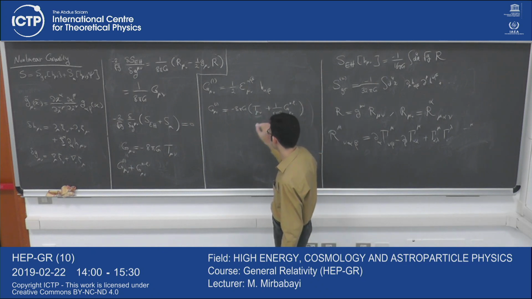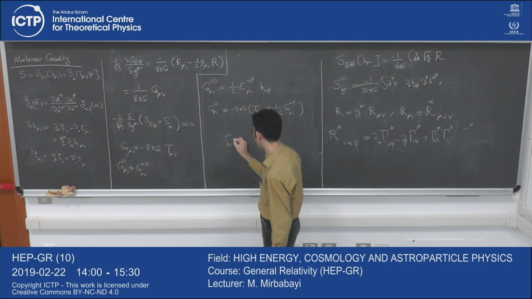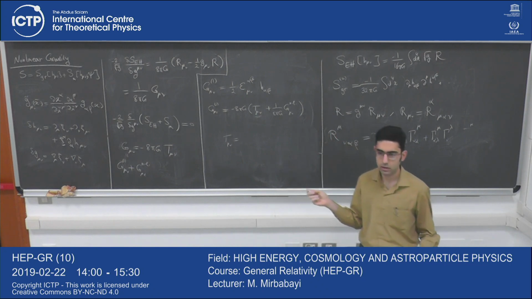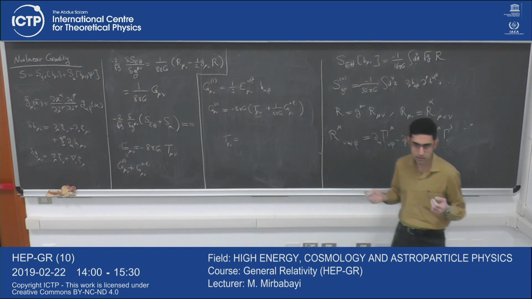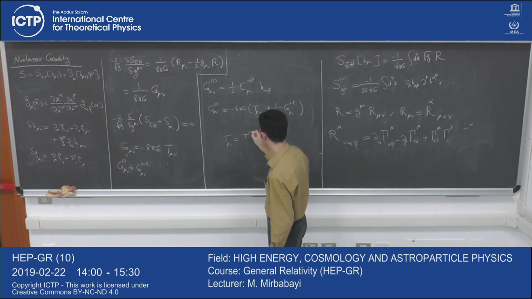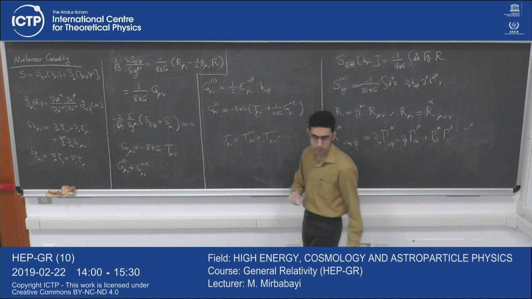So this T mu nu, which was the matter energy momentum tensor, starts from zeroth order in h mu nu. Even if I set h mu nu to 0, there will be matter fields in it. So this starts from a zeroth order term, and then there will be higher order terms in here.